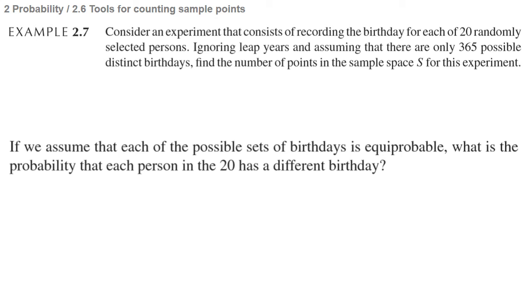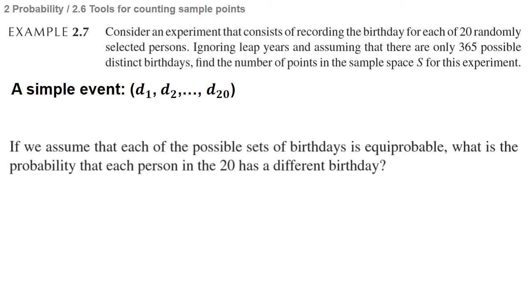Before doing that, let's describe our experiment, which is randomly selecting 20 persons' birthdays, and one simple event would be like this: day 1 to day 20. This would be one simple event.